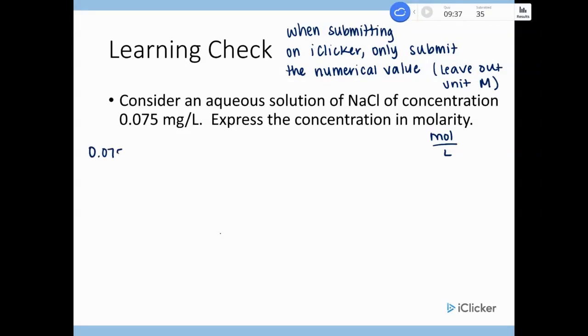So 0.075 milligrams of sodium chloride. To end up with moles, and starting with mass, we need the molar mass to convert grams to moles. But to do that, we need to convert to grams first. So we're changing milligrams to grams. 1 gram is 1,000 milligrams.